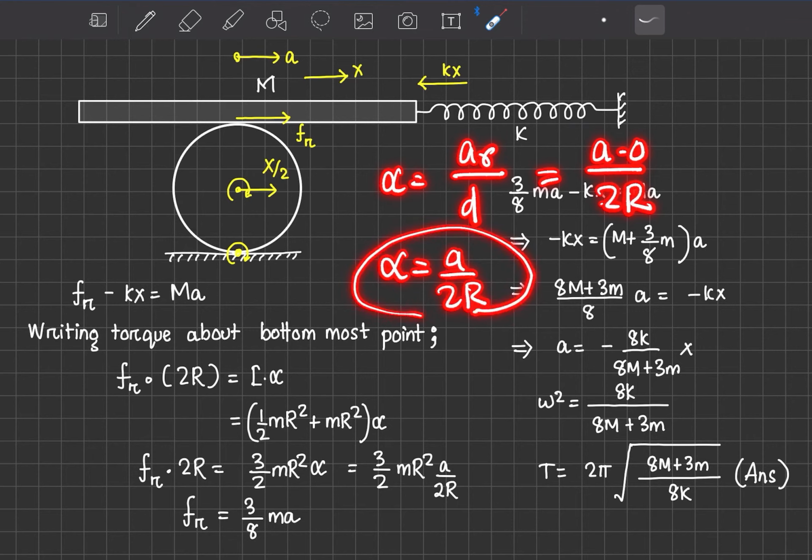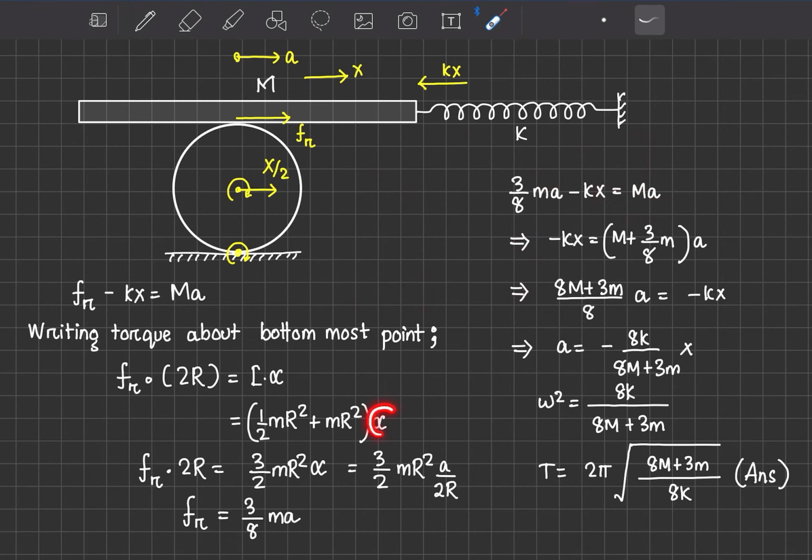So instead of alpha we are using the value A by 2r. So we are getting Fr into 2r equals I alpha, and that I alpha sums up to 3 by 2 mr square into A by 2r. This gives us Fr equals 3 by 8 small m into A.